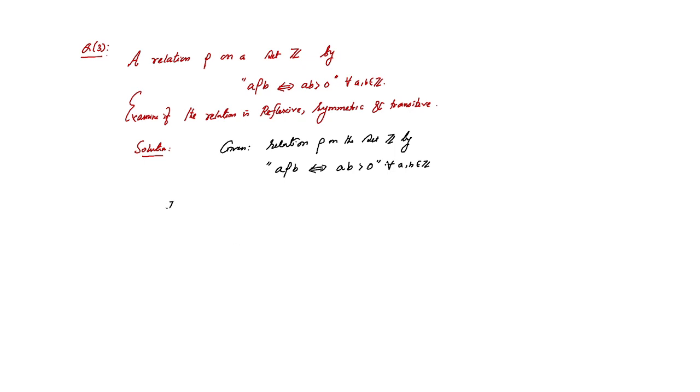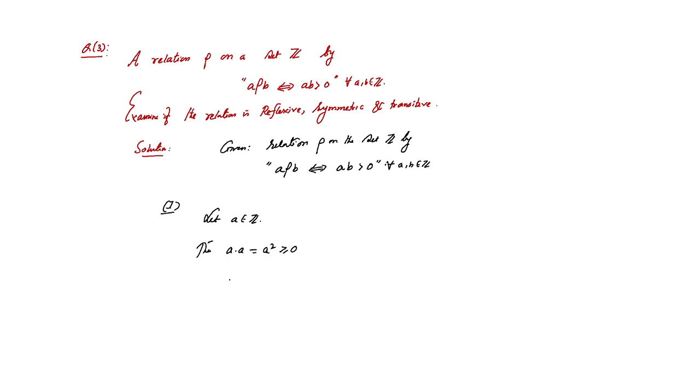Now we will examine if it is reflexive or not. So what will we take for reflexive? Let us take any arbitrary integer A. Now if we multiply A with A, that will be a square, and we can't say it is strictly greater than 0, we can say it is greater than or equal to 0.